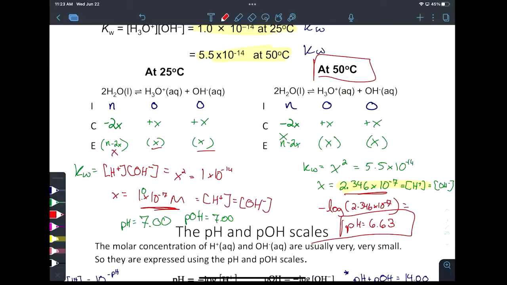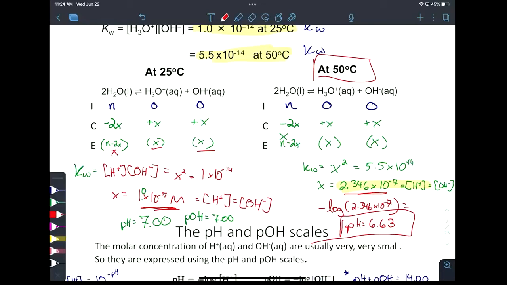At 25 degrees Celsius, when KW equals 1 times 10 to the negative 14, you take the square root, you get that both the concentration of H plus and OH is 1 times 10 to the negative 7, 7 pH, 7 pOH. So the real definition of a neutral sample is when H plus concentration equals OH concentration.